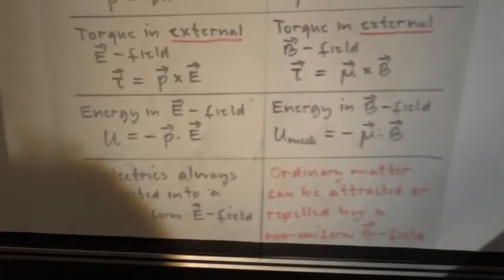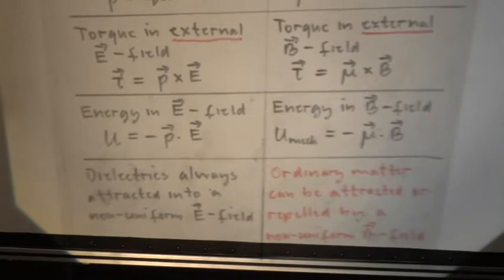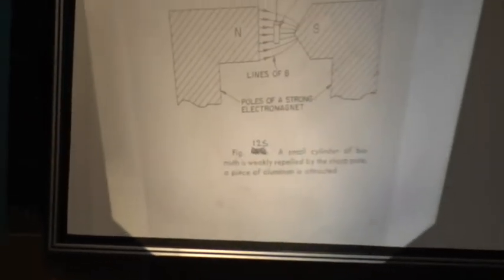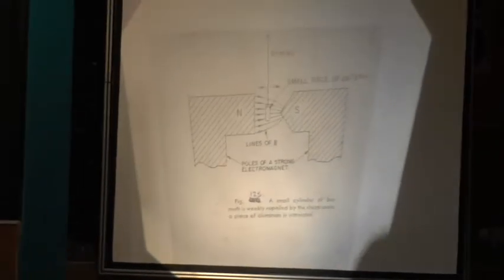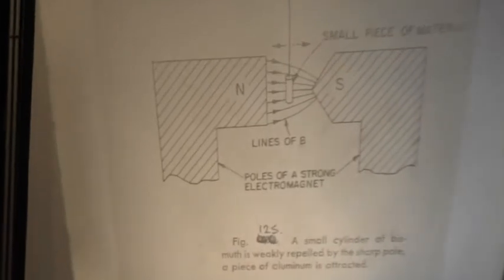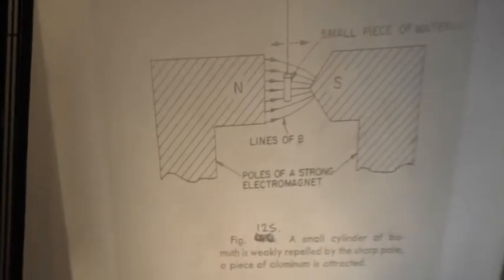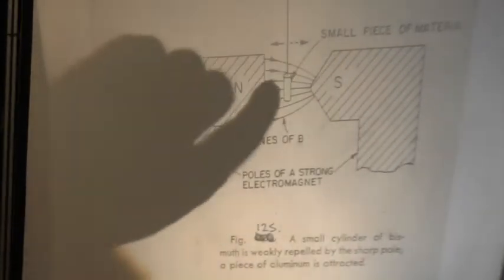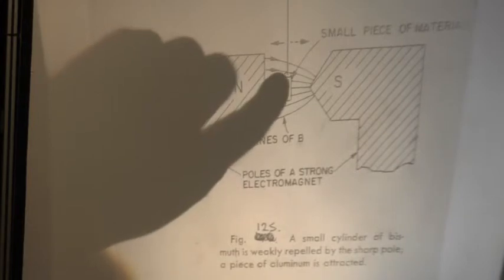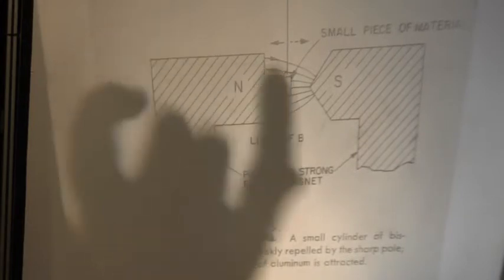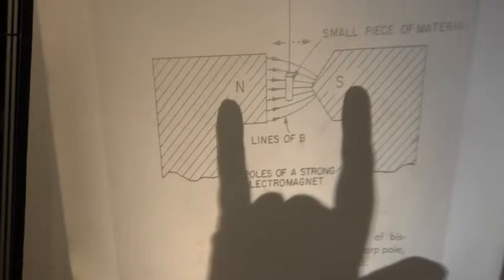And that's where I'm going to just start, and this is with figure 125. Now actually this experiment would be extremely difficult to do in practice. You've got to imagine that this small piece of material is suspended completely statically in a static magnetic field.